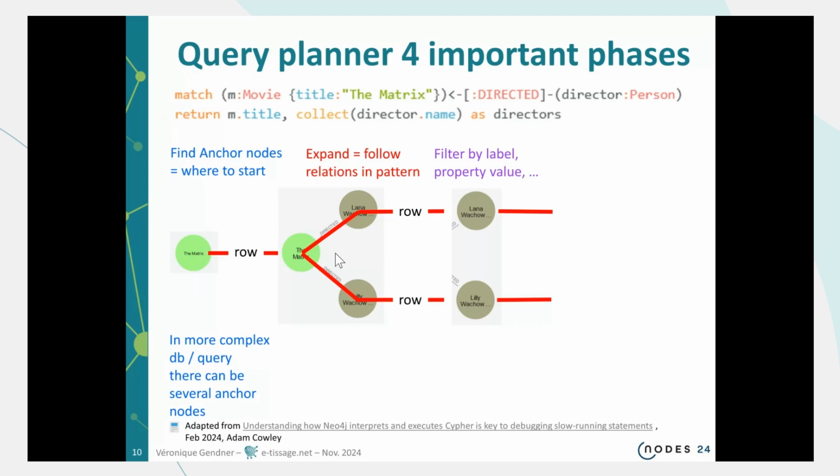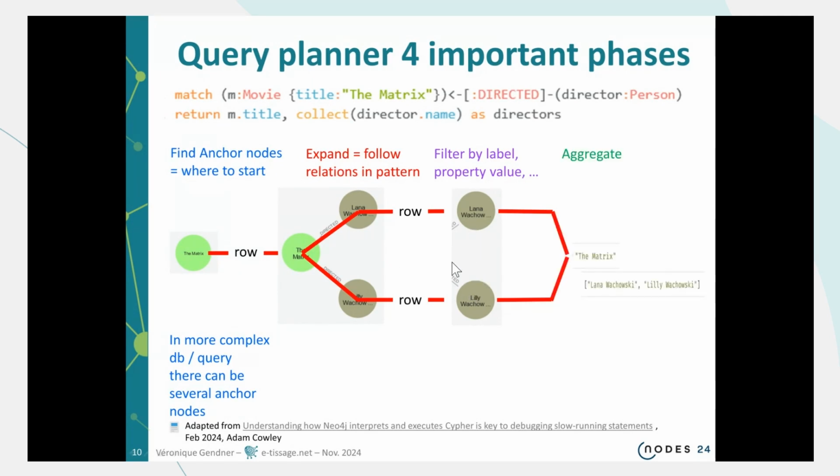In this case, the filtering phase has no effect because in this database, when you expand from this movie with the directed relationship, you only get nodes labeled Person. If you had nodes with other labels related to the movie with the same type of relationship, the expand phase would have grabbed them, then the number of rows would have been reduced by the filtering phase.